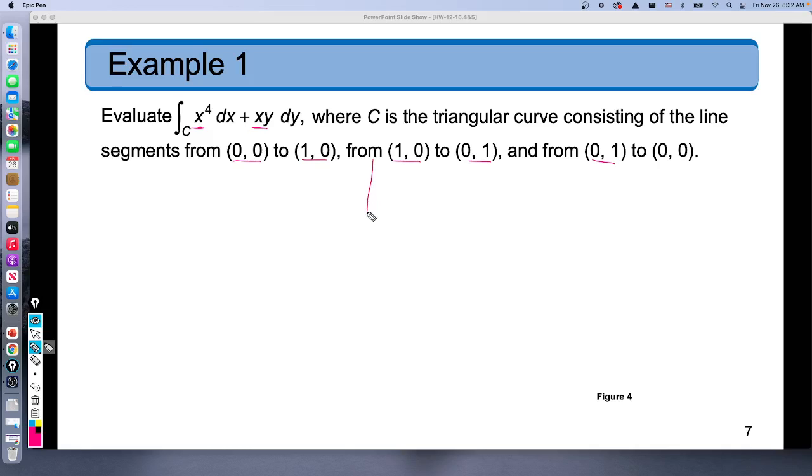So let's just do a little sketch of what that looks like. (0,0) to (1,0) would be here. Then (1,0) to (0,1), so that's up here, the line segment.